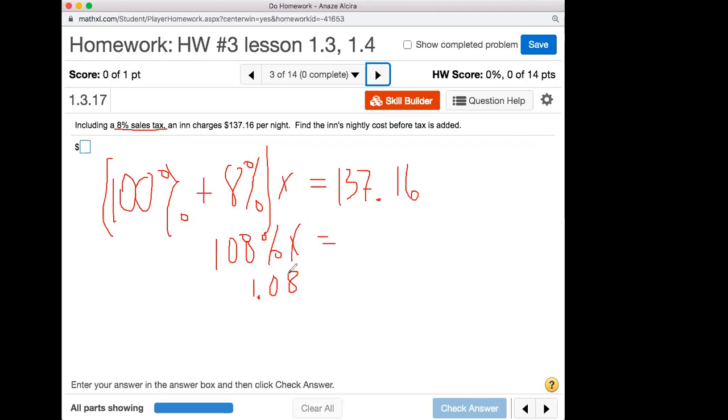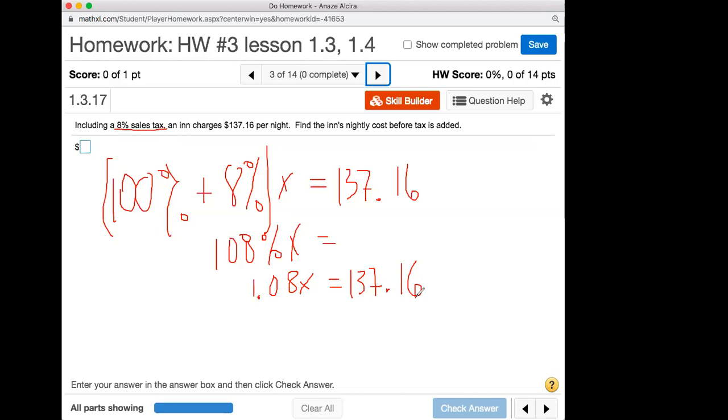That's 108% as a decimal, and then times the x, and then all of this will equal 137.16. So just like with the previous problem, guys, to finalize it, you want to go ahead and divide both sides by 1.08 to get to your answer.